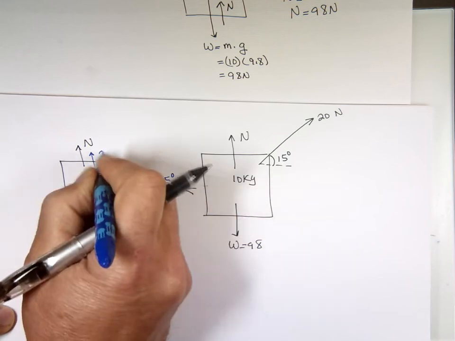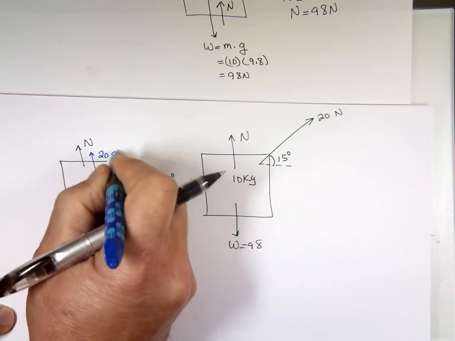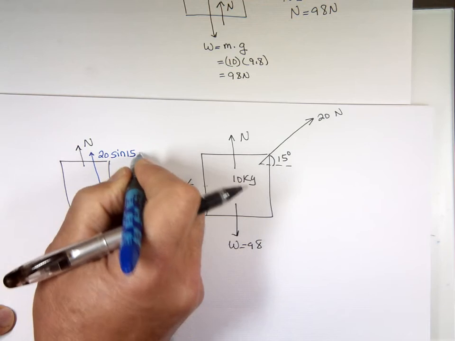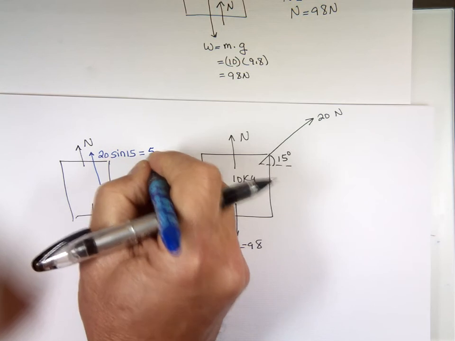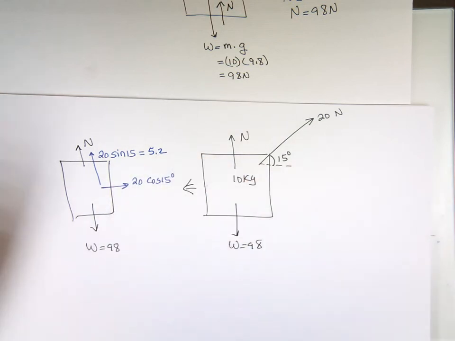In this direction what? 20 sine of 15. The 20 sine 15 is 5.2. And the 20 cosine of 15, if I remember, was 19.3.